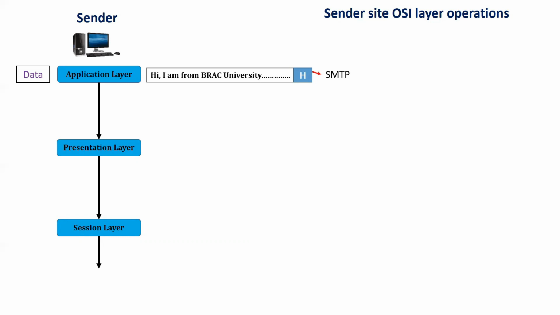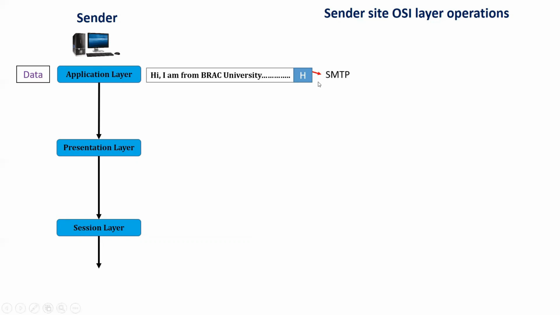Different protocols are responsible for different tasks, like HTTP will be used for browsing, and if you want to transfer a file, then FTP will be used instead of SMTP.